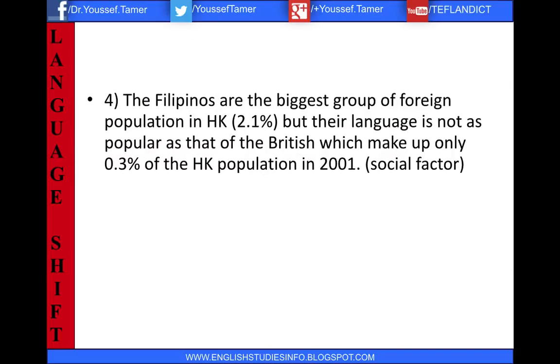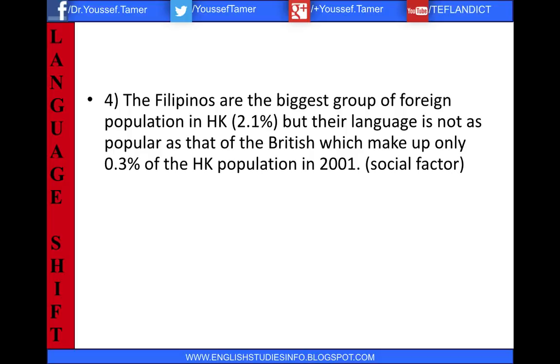Other examples, social factor here. The Filipinos are the biggest group of foreign population in Hong Kong, but their language is not as popular as that of the British, who make up only 0.3% of the Hong Kong population in 2001. So in 2001, the Filipinos, in terms of number, were much bigger.